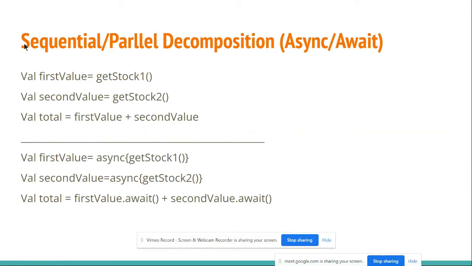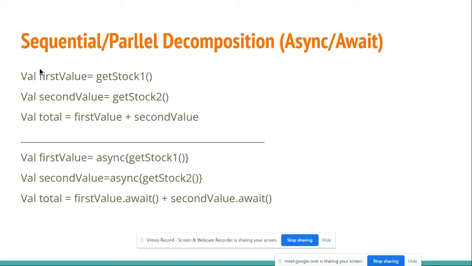We have one more example to explain parallel decomposition. Parallel decomposition is the major benefit of coroutines. There is a sequential decomposition and there is a parallel decomposition.